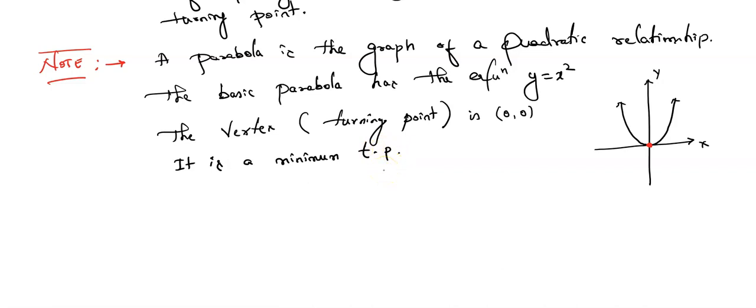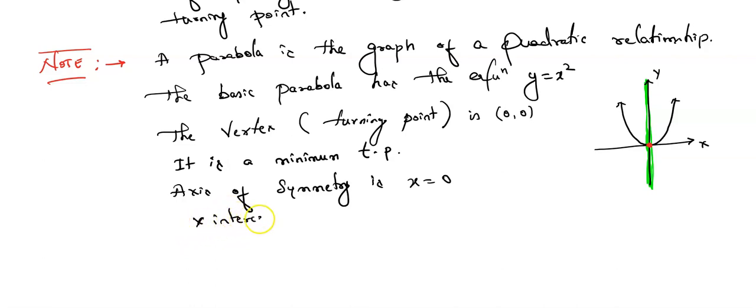Now what is the axis of symmetry? As you can see here, this line, can you see the line which I am shading? This line is the axis of symmetry. So here the axis of symmetry is x is equal to 0. Then what is the x-intercept? The x-intercept is 0, right?